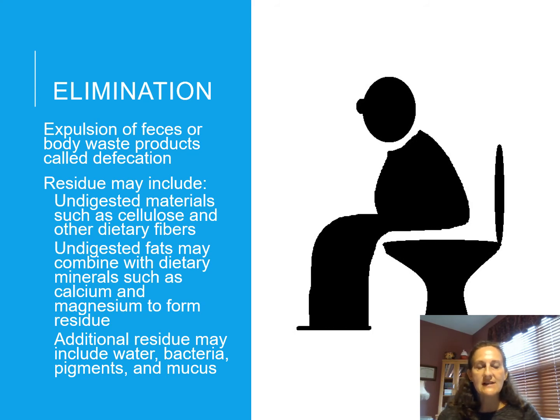We can't digest those, so those end up in the feces. Also, there are certain fats that are undigested, and they can combine with certain dietary minerals such as calcium and magnesium to form a residue. Additional component residues include water, bacteria, pigments, and mucus.